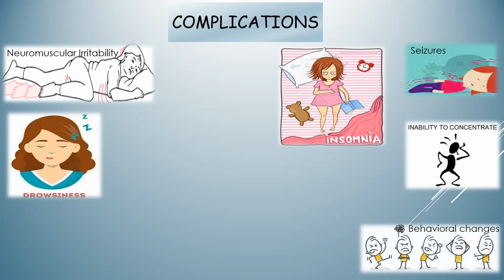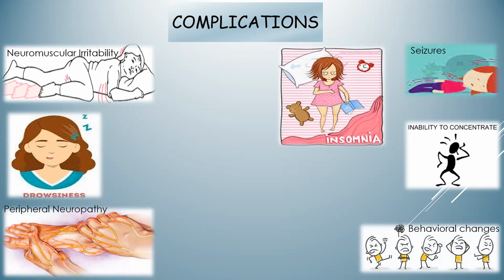Behavioral changes, that is the transformation or modification of human behavior. Peripheral neuropathy is the weakness, numbness, and pain from nerve damage. Usually we can feel it in the hands and the feet.